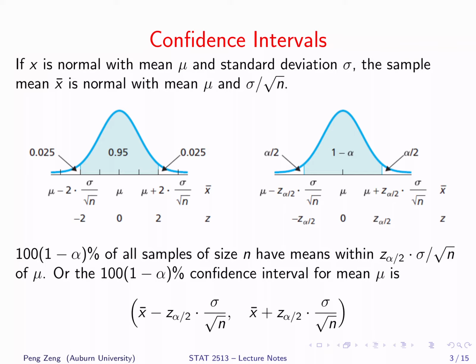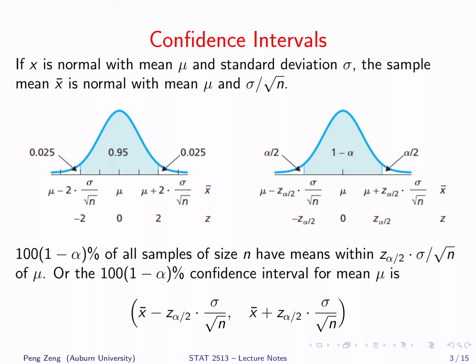Because the mean of X bar is mu, this interval will contain mu with probability 0.95. We have discussed before how to find such an X value from a probability. In terms of a standard normal curve, the 2 points are negative Z alpha over 2 and Z alpha over 2.